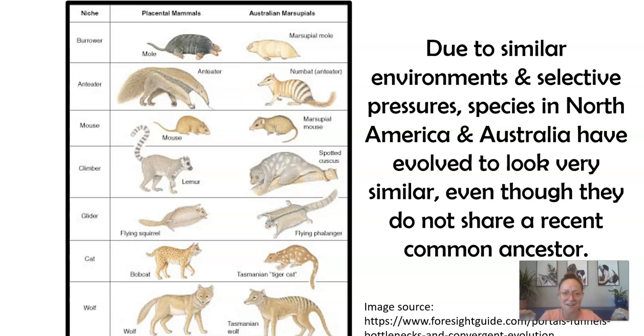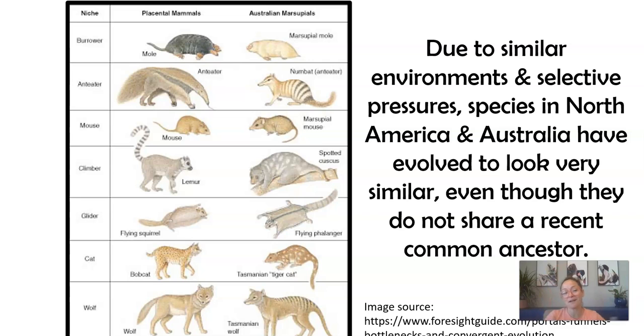However, they haven't had a common ancestor in millions of years. But because they both burrow underground, they've evolved a face for burrowing and very large hands for digging. Or if you look at the marsupial mouse versus the placental mouse, they didn't have a common ancestor that looked like a mouse, but they live in similar ways. And so due to similar selective pressures, they've evolved to have similar phenotypes.